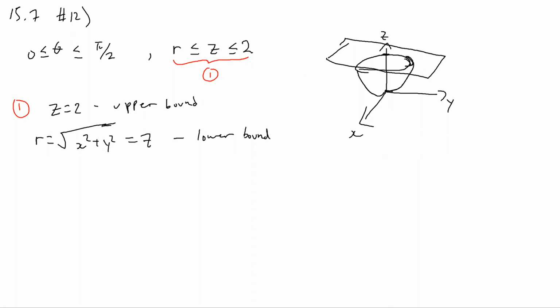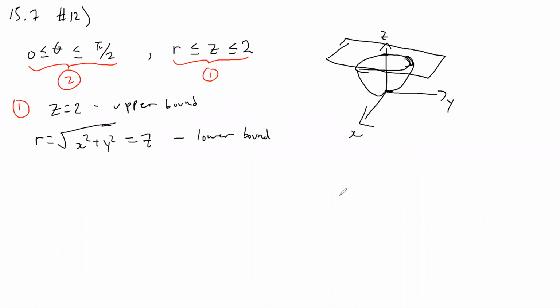Now let's look at the first inequality, which specifies that theta is in between 0 and pi over 2. So this cone facing upwards is condensed into the first octant.